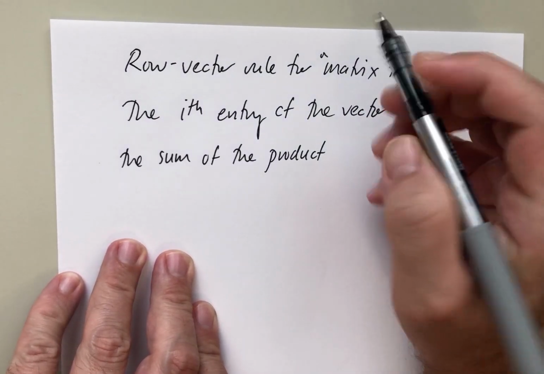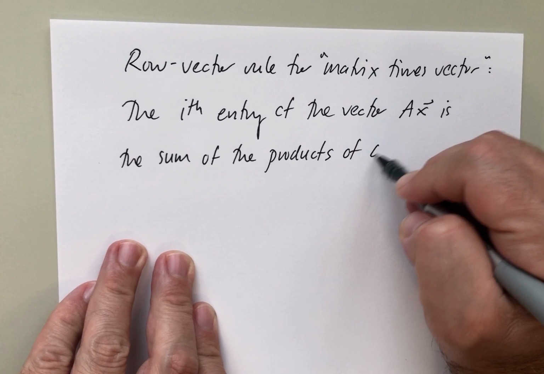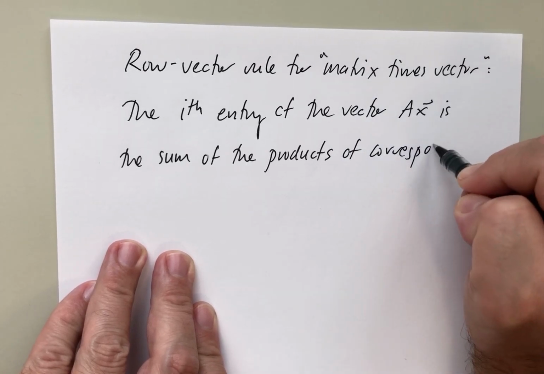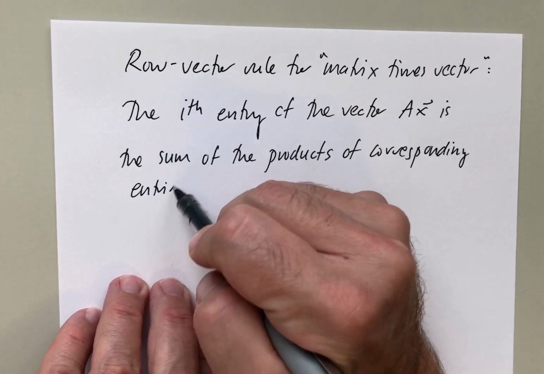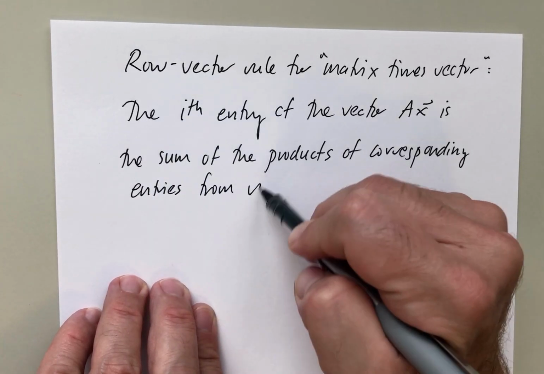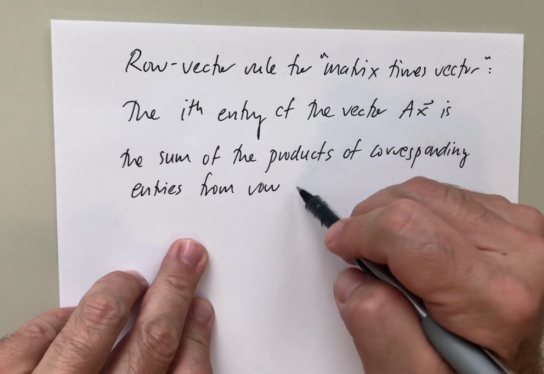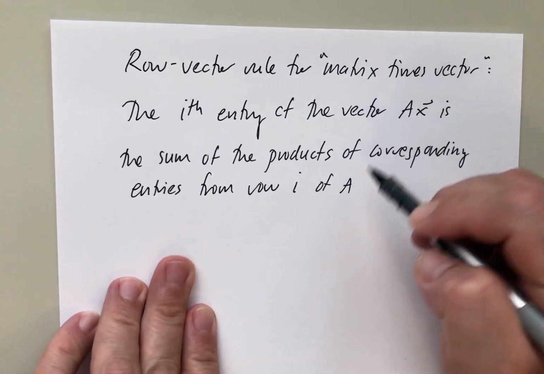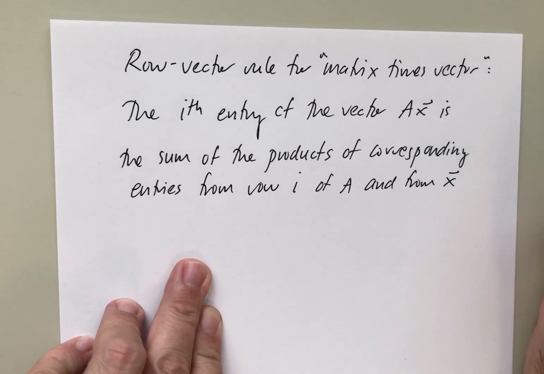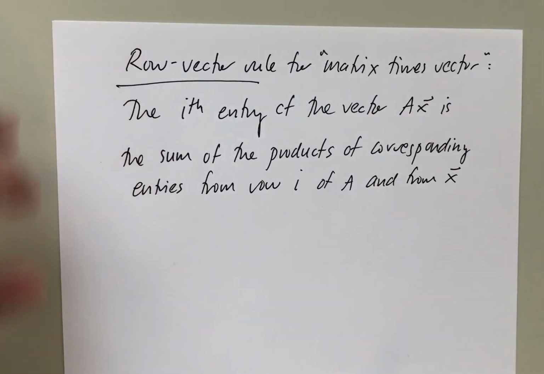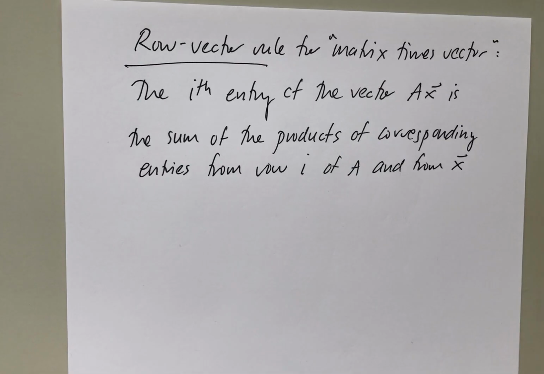So you're adding up a bunch of products, the sum of the products of the corresponding entries from row i of A and from the vector x. It's called the row vector rule. It's a little bit of a mouthful.